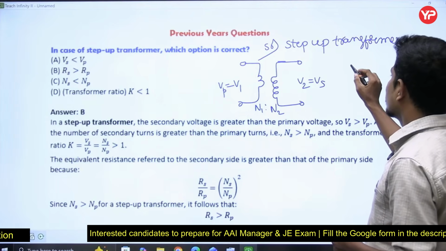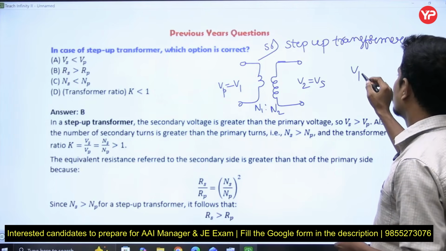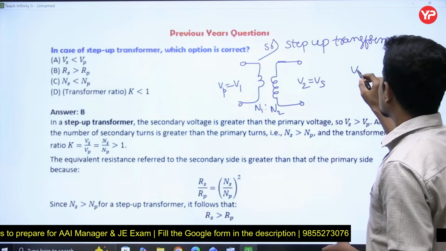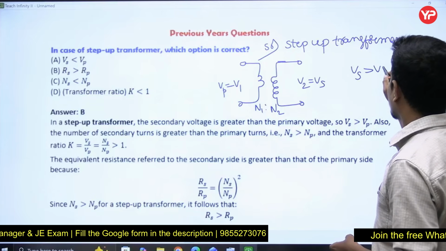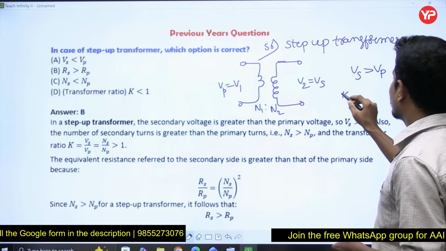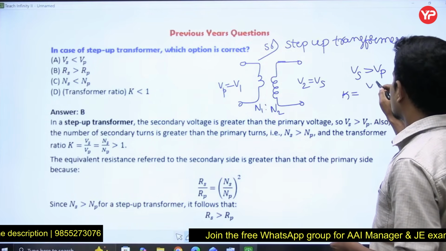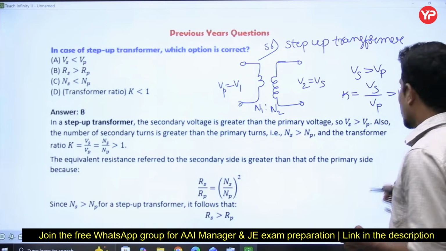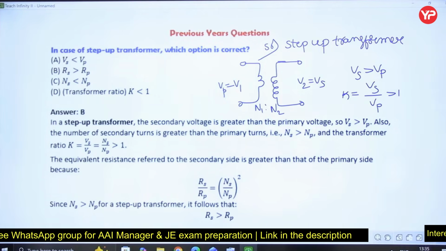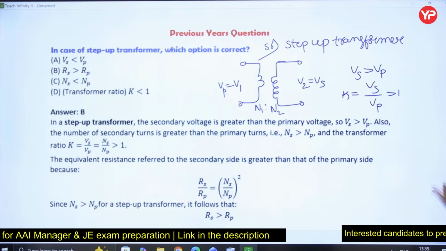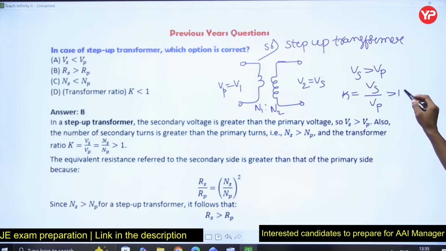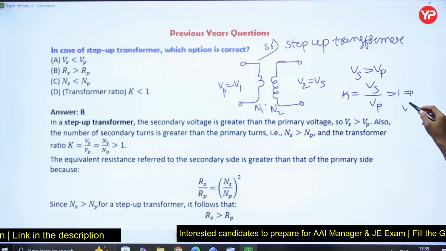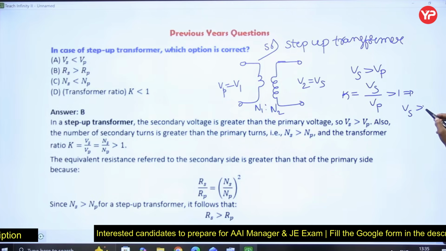So here V secondary is greater than V primary. Now we define K equal to V secondary by V primary, which is greater than 1 for a step up transformer, which steps up the voltage. So from this we get V secondary is greater than V primary.